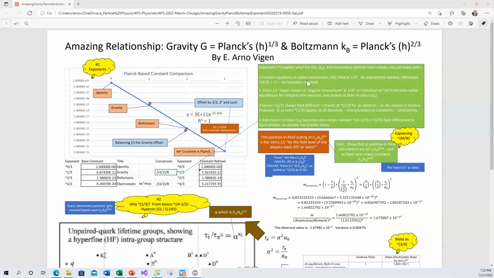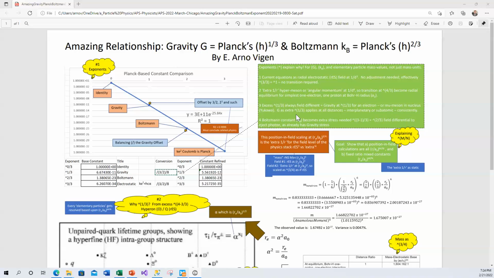But when you get a hypermeson or angular momentum, you get 1/distance to the 4th. And the transition from that becomes that distance, because you're always referencing it to that equilibrium state, which is the point of transfer where both are equal, because you get that one proton, one electron equality.